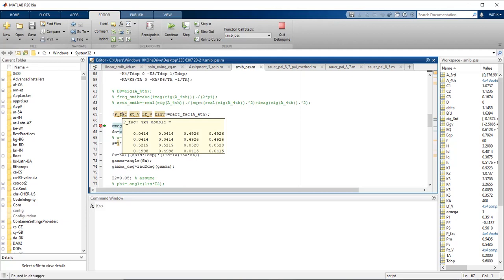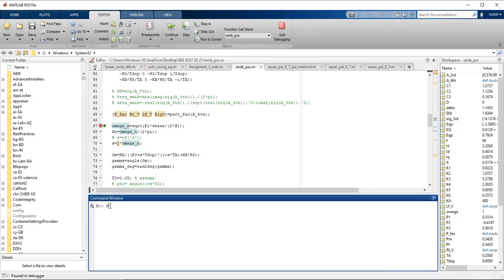A similar thing can be observed in the second one. Actually, they look identical. The second column is the same: 0.0414, 0.0414, 0.5219, 0.4998. They look identical.